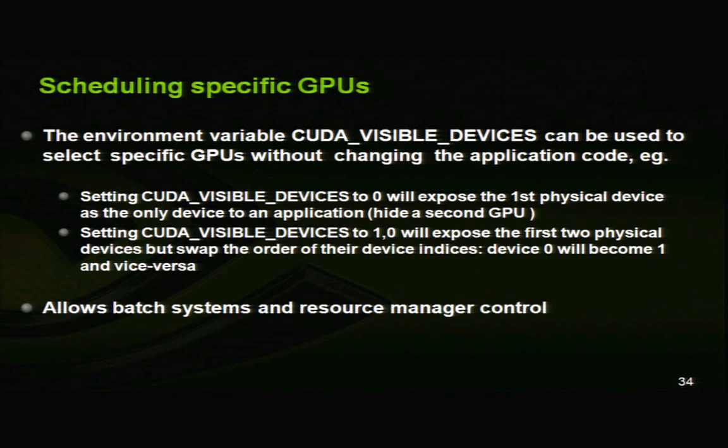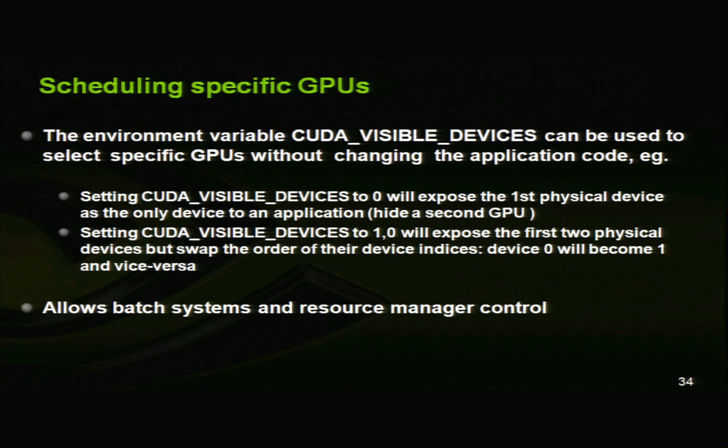CUDA_VISIBLE_DEVICES allows you to hide GPUs for a job. So you can, for instance, set CUDA_VISIBLE_DEVICES to 0. Then only the first GPU will be exposed, and the second GPU, which is also installed in the system, will be hidden.